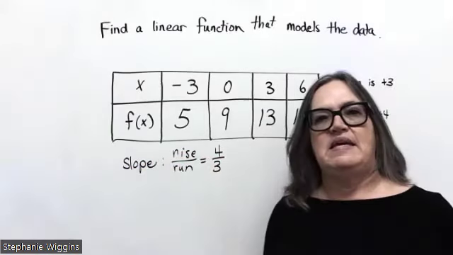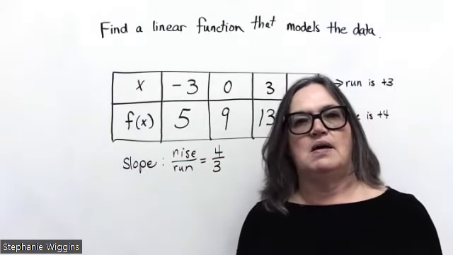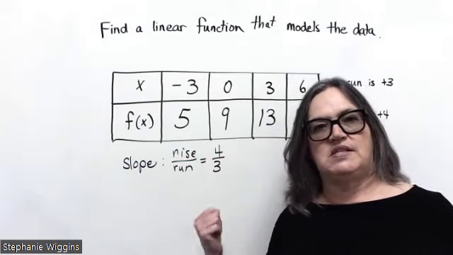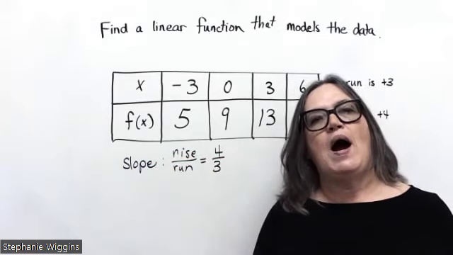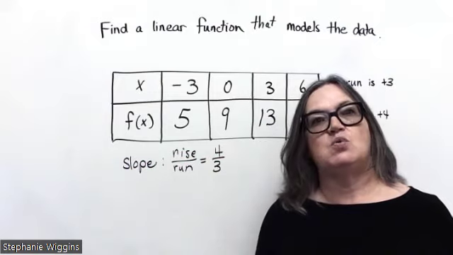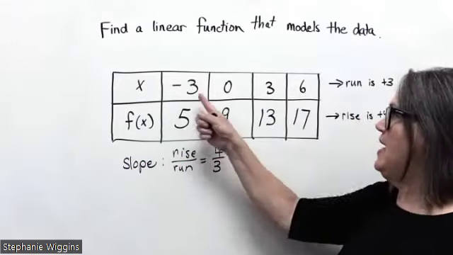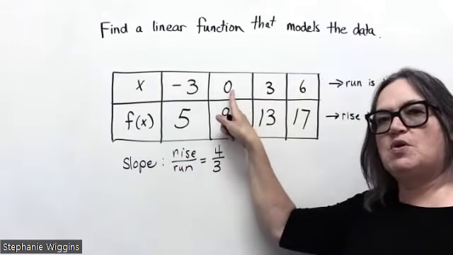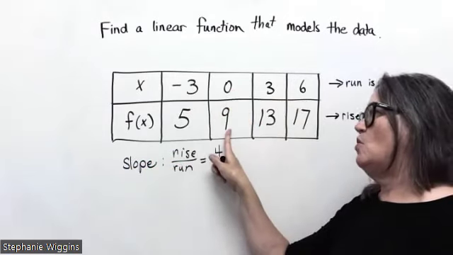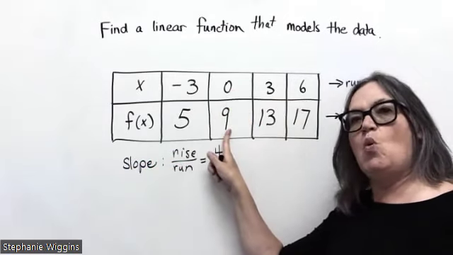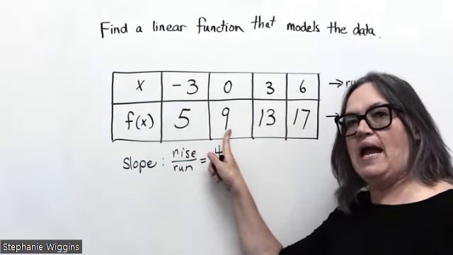Okay, now we need the intercept to find a linear equation for this data set. And the y-intercept is when x equals 0. So if you look at your data here, you can see x equals 0 right here. And the corresponding function value, or the corresponding y value, is 9.